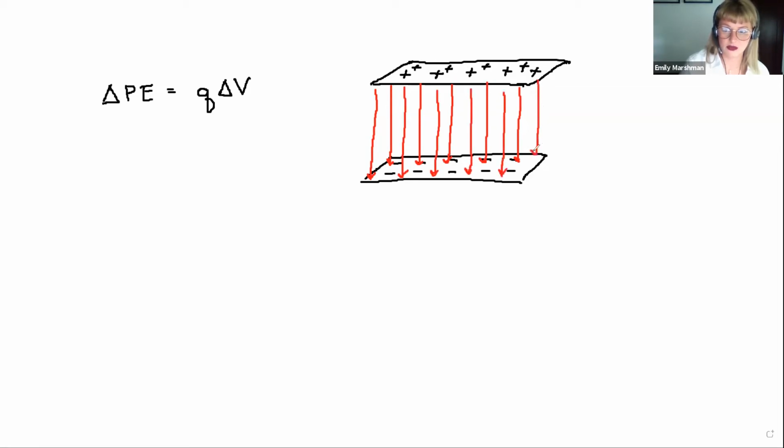I hope this helps you visualize what the electric field looks like. It's a vector quantity, so it has a size and a direction. So the electric field here is pointing away from the positive charges straight down towards the negative ones.